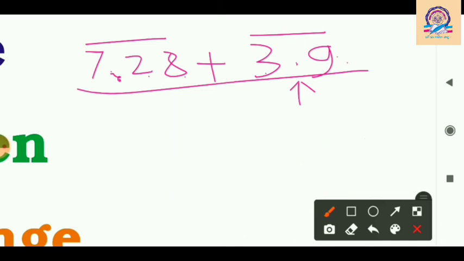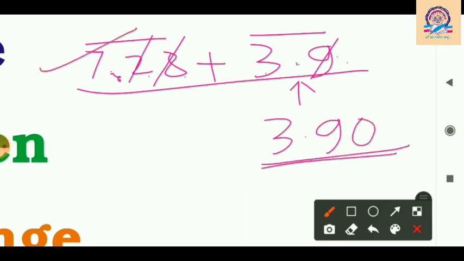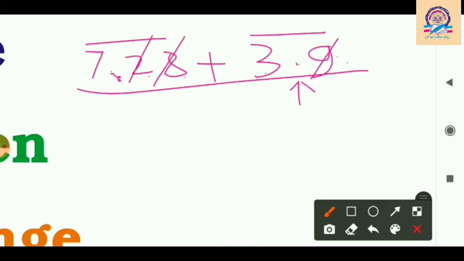In the first number we have 2 digits after decimal, right? In the second number here we have only 1, so we have to make it a 2 digit number. So how can we make it? 3.9 means 3.90 we can make it, because in the first number here we have 2 digits after the decimal point. So in this way we have made it.